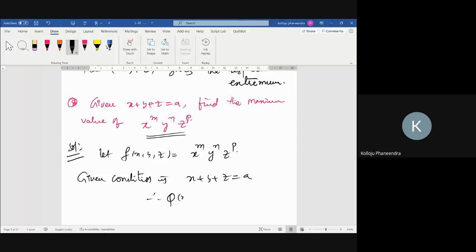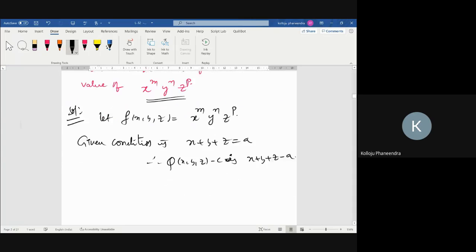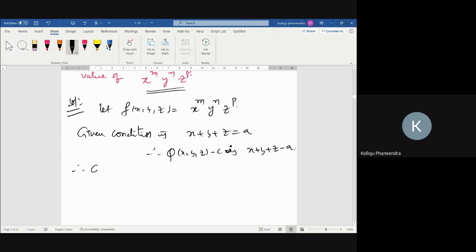The given condition is x plus y plus z equal to a. Therefore phi of x, y, z minus c is x plus y plus z minus a. Therefore, construct the Lagrange's function.